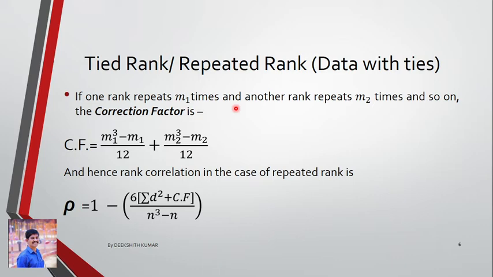The correction factor CF is equal to (m1³ minus m1) divided by 12 plus (m2³ minus m2) divided by 12. Similarly, if another value repeats, then (m3³ minus m3) divided by 12. Adding all the repeated ranks together, we call it CF, that is the correction factor.